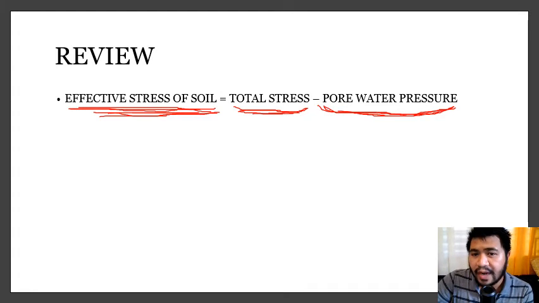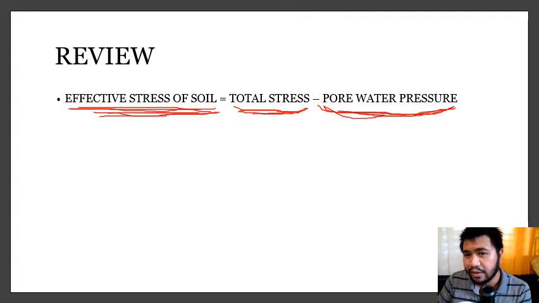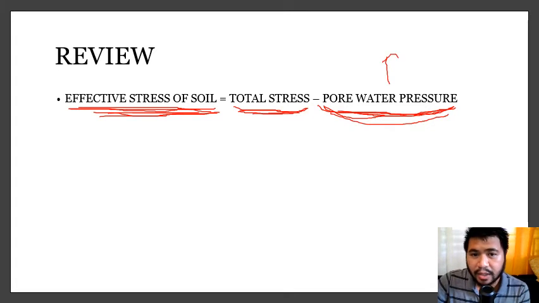Other factors, such as undrained loading, or when you're imposing load rapidly such that the excess water cannot drain out, also cause a rise in pore pressure. So more pore pressure, less effective stress.